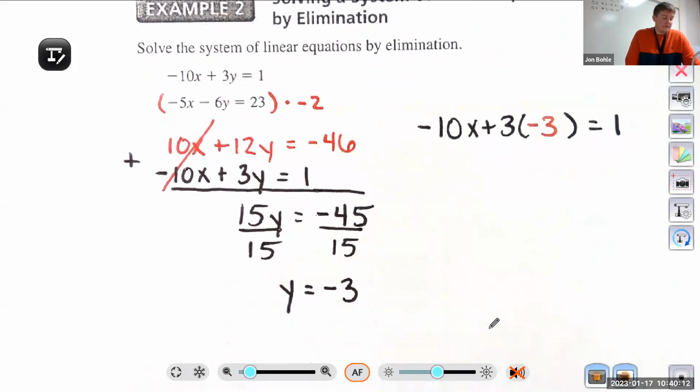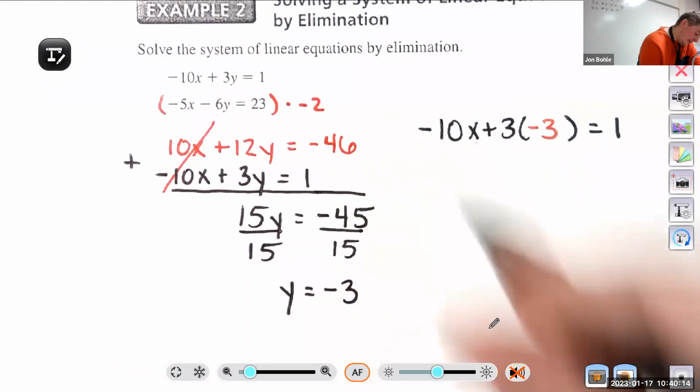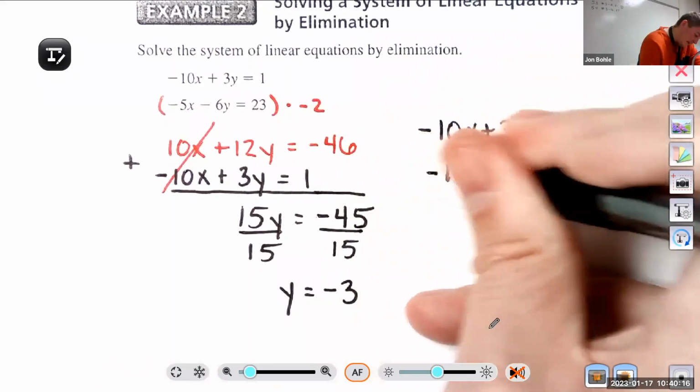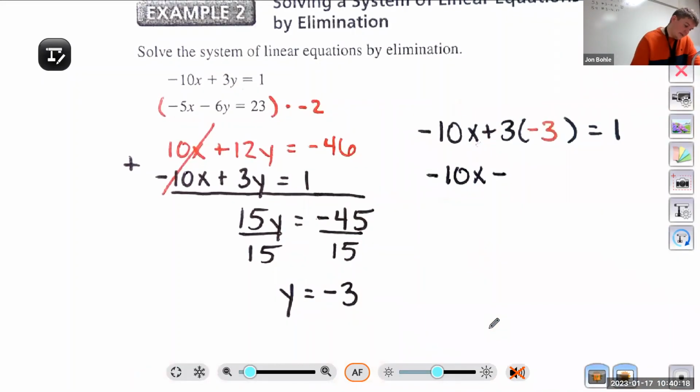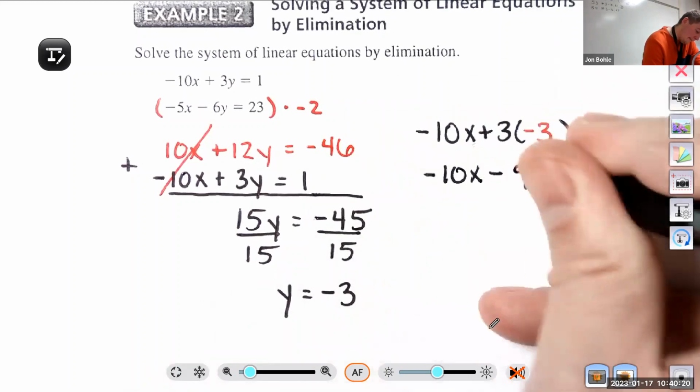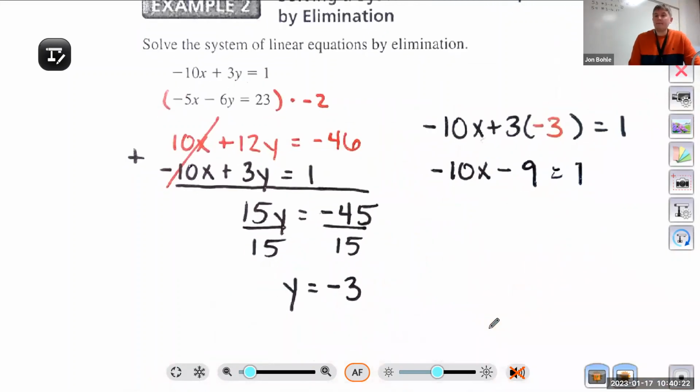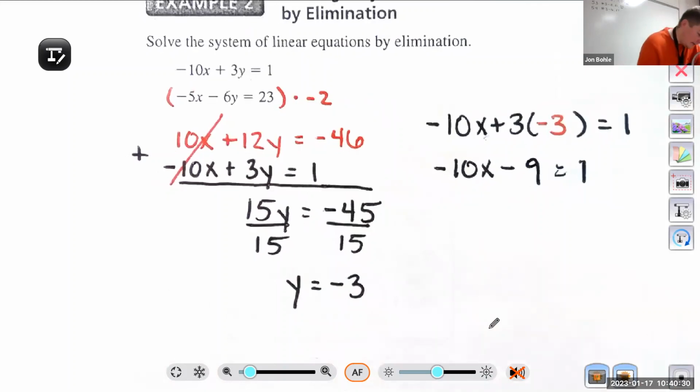Three times negative 3. A positive times a negative is a negative, and 3 times 3 is 9. And now to solve, I do what? Plus 9.